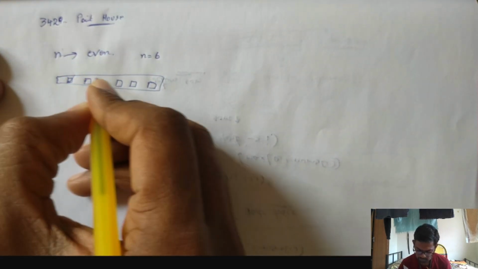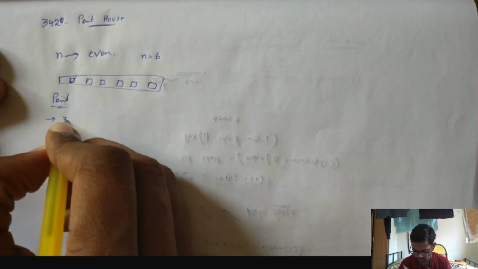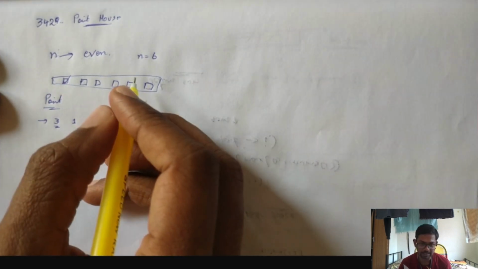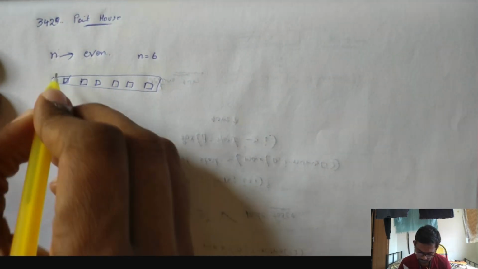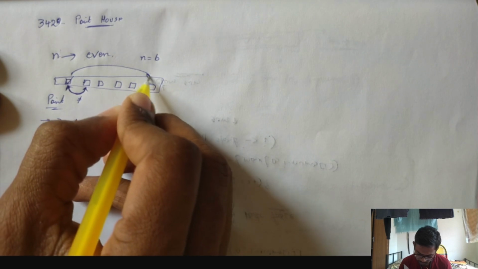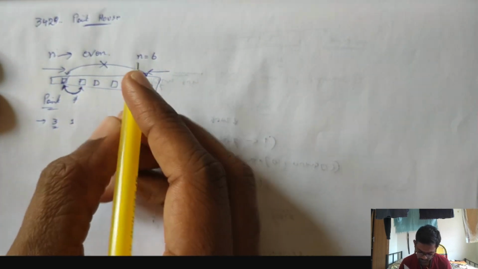We need to paint these houses, and we are given three different colors. We need to paint these houses in such a way that the adjacent houses should not be of the same color, and houses which are equidistant from the edges should not be of the same color.